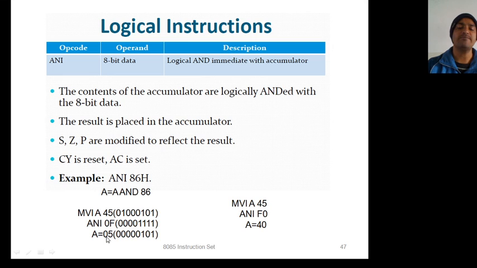If you want to separate the digits, only through this method can you separate them. Suppose A equal to 45, MVI A, 45, ANI F0. Now F is with 4, so it will give 4, and 5 and 0 will be 0. So the answer will be A equal to 40. In this case, we masked the lower digit 5. You have to remember this thing.